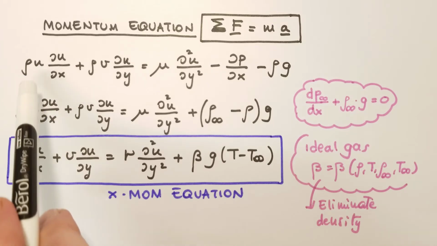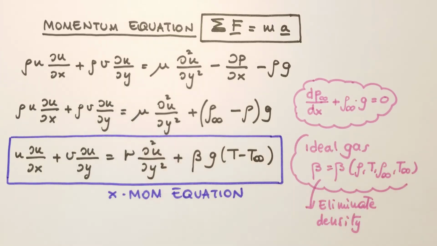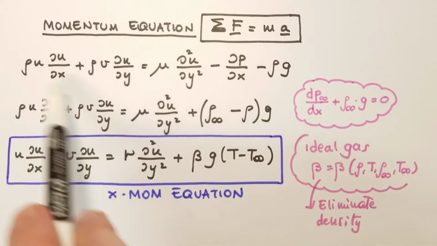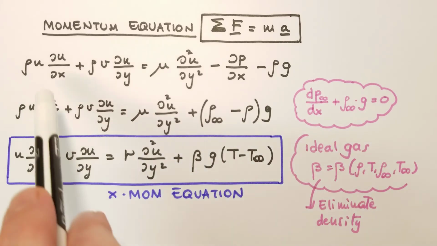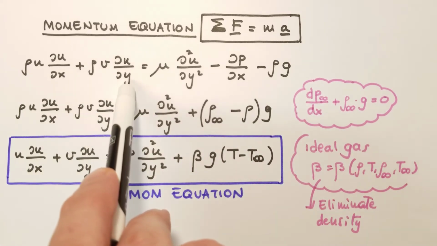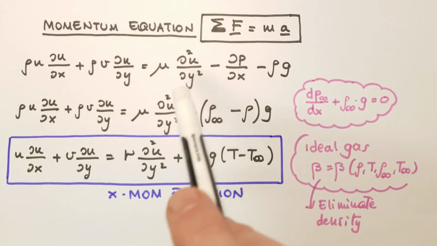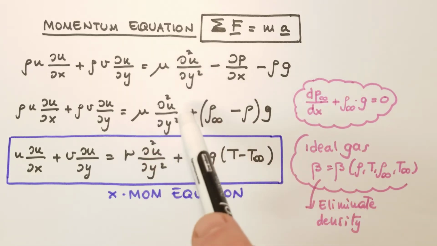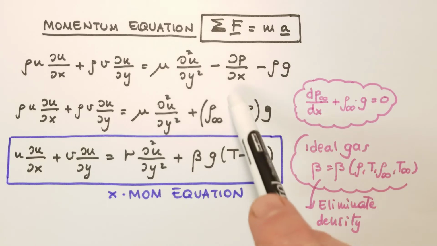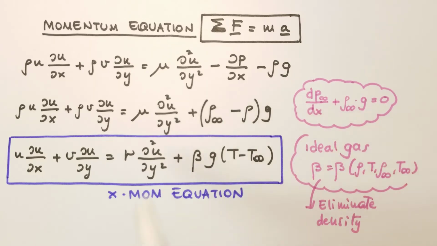On the left-hand side, we have the acceleration, and this is the steady form of the acceleration. It involves the partial derivatives of velocity with respect to coordinates x and y. On the right-hand side, we have the sum of the forces. So we have the stresses due to viscosity, and then we have the effect of the pressure gradient and the effect of gravity.